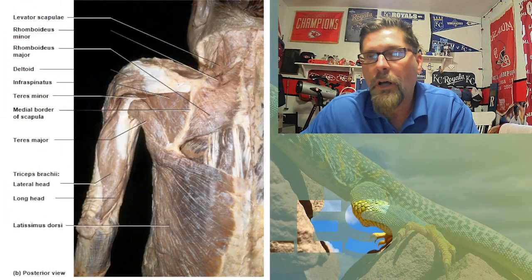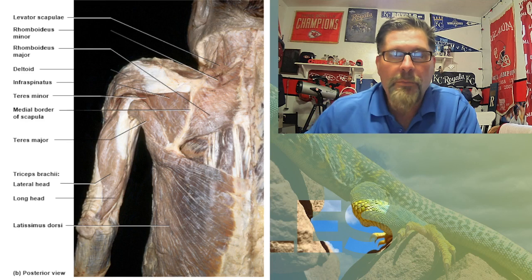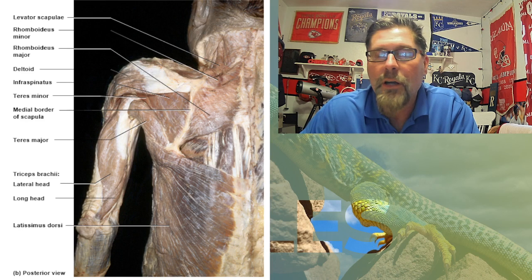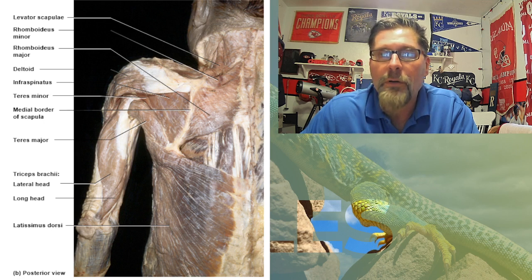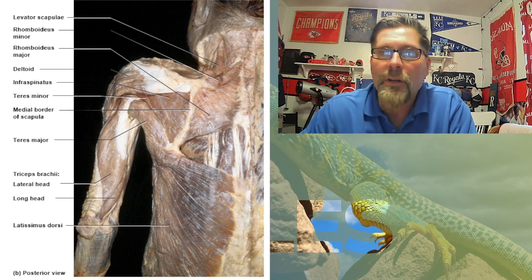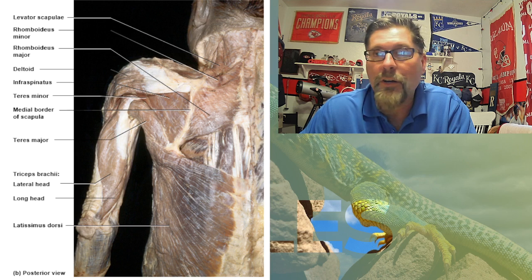But we look at enough diagrams of just computer-generated pictures. Here's obviously a real muscle, and you can see that this is the back. If you're not sure how I can tell that, if you look in the upper part, you can see the vertebrae a little bit there. And towards the left of the head, you can see the back of the ear, and the only way you can see the back of the ear is if you're looking at the back of the person. You can see the elbow down there as well.